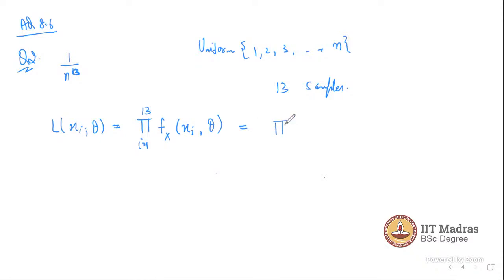If you do the product, you will get 1 upon n to the power 13. Now you want to maximize this likelihood function, correct?